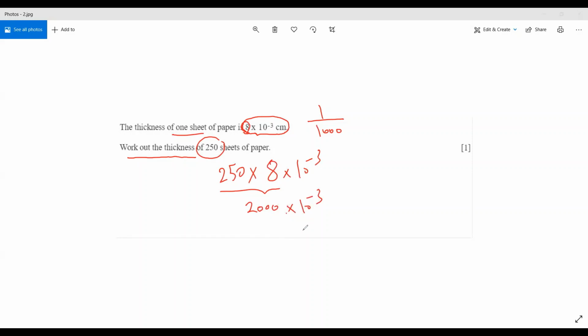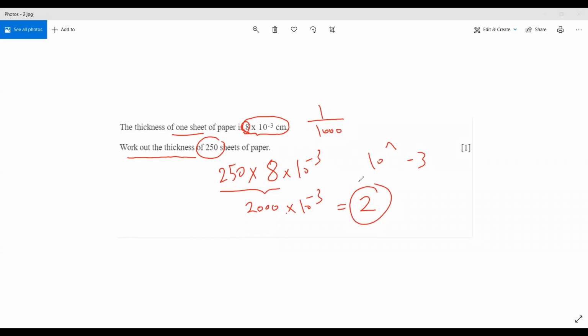When you divide that by 1000, these 3 zeros are gone and you're left with 2. However, you can go ahead and use a calculator. There is nothing tricky about this. You just have to press 10 raised to the power of, then key in -3, and automatically you should get the answer 2.